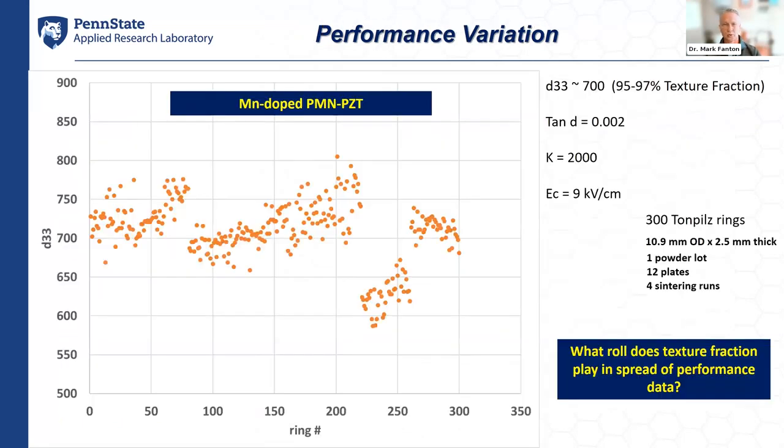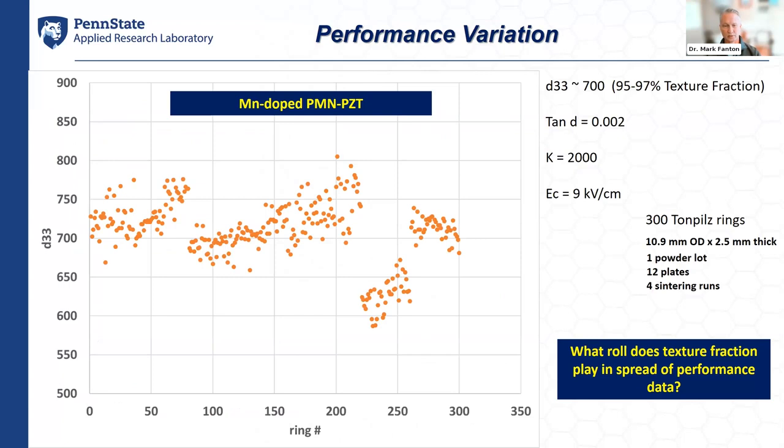So in this case, what we're looking at is a manganese-doped PMN-PZT ceramic, the matrix powder here being supplied by CTS in Albuquerque. And what we're looking at are the d33 coefficients across a collection of small Tonpilz rings.